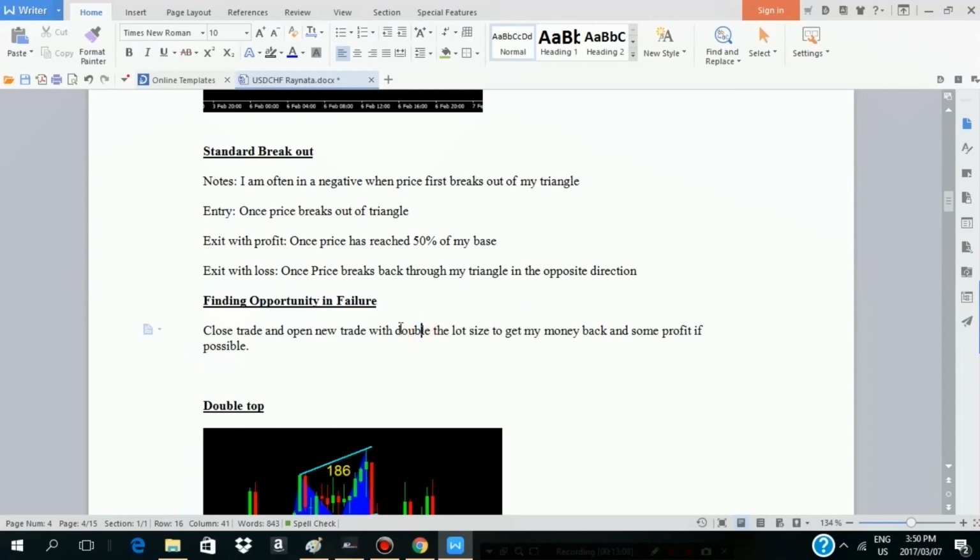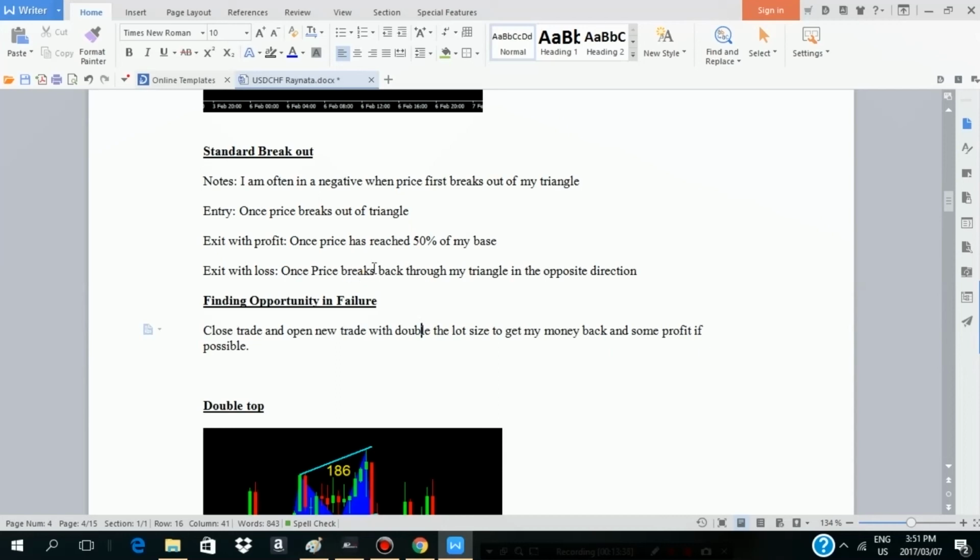So you need to get as many examples of what a triangle looks like breaking out as possible, so that you can then use the information to come to these conclusions, so that you then build the confidence that you need to move forward.